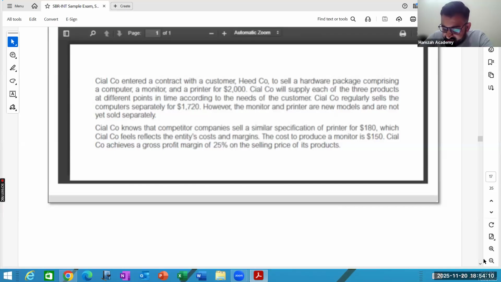C company regularly sells the computer separately for $1,720. However, the monitor and the printer are new models and are not yet sold separately. C company knows that competitor companies sell a similar specification of printer for $180, which C company feels reflects its cost and margins, and the cost to produce the monitor is $150. And C company achieves a gross profit margin of 25% on the selling price of its products.